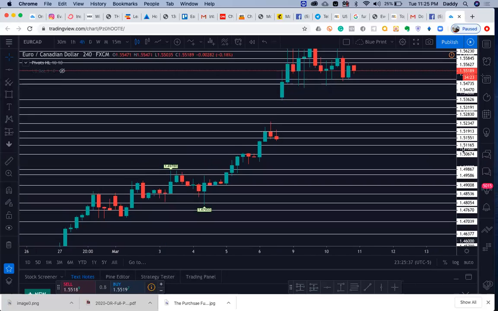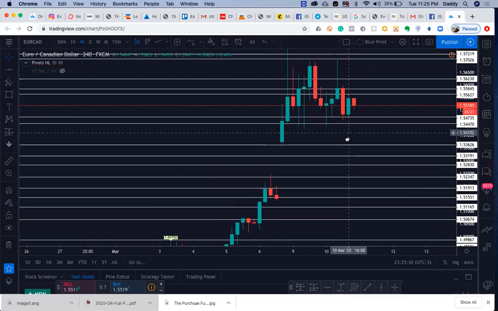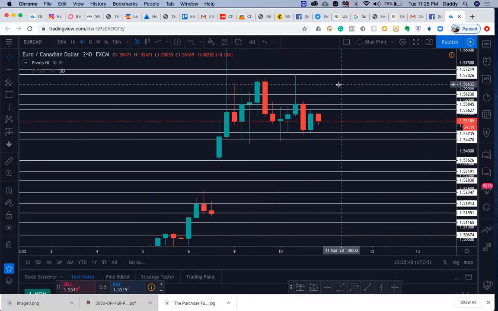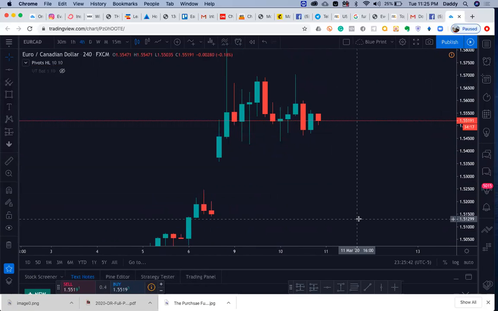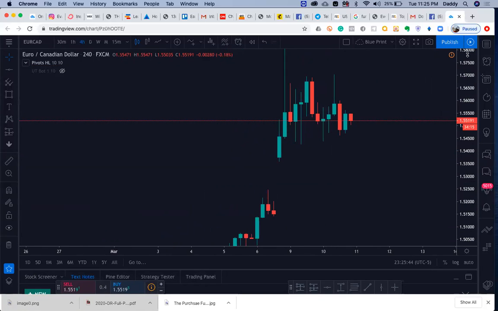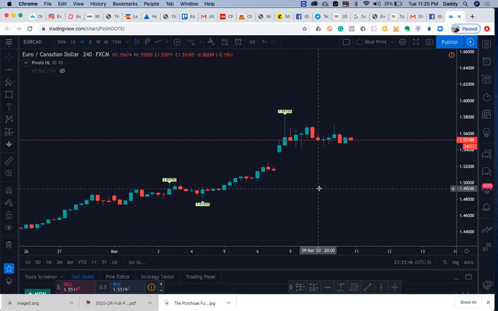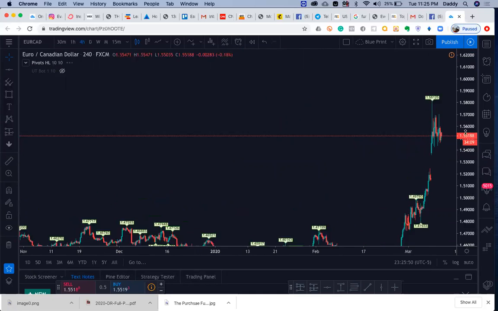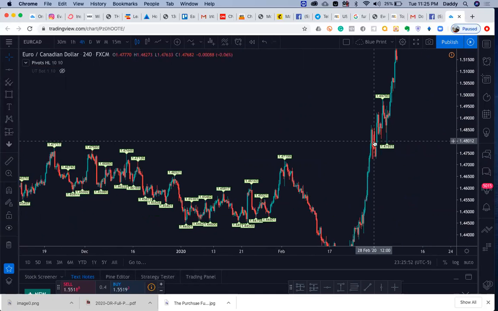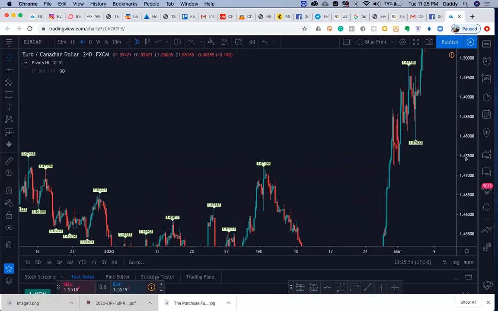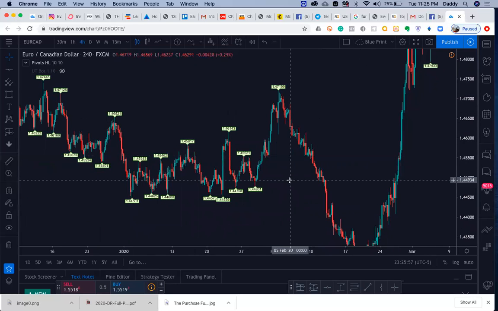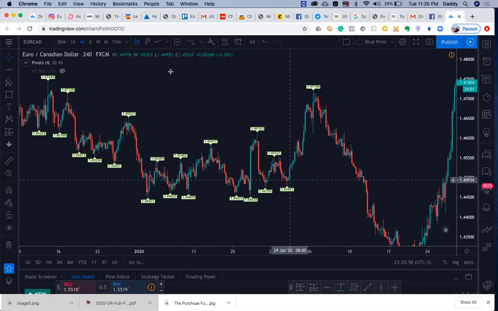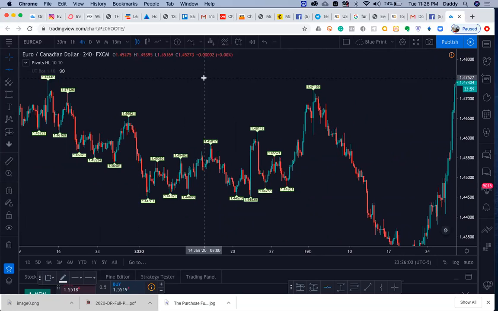The other thing I like about this particular method is that it trains your eye to look at the chart so that you automatically see support and resistance.